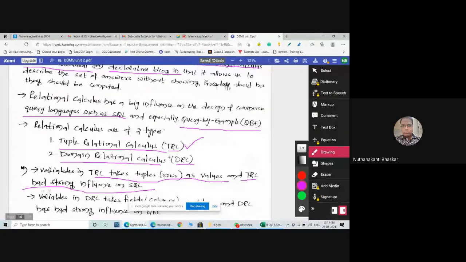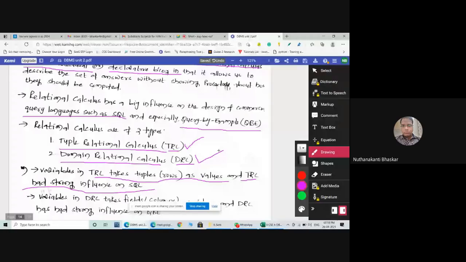It always returns tuples, meaning records only, as output. Even our query preparation is based on tuples only, because it is tuple relational calculus.